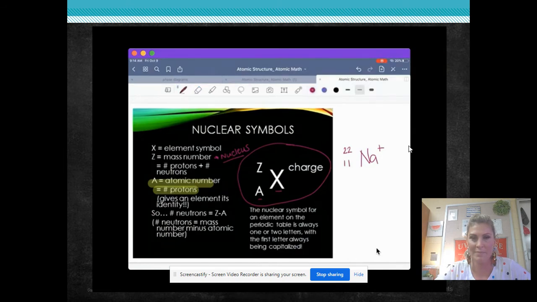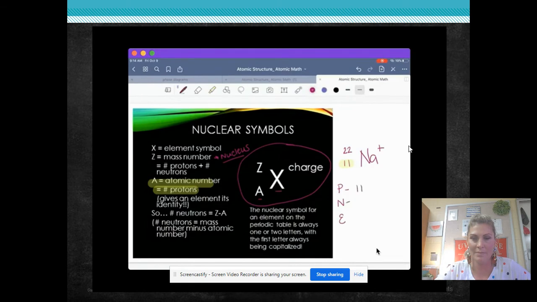All right, so let's look at this. So if I wanted to know how many protons, neutrons, and electrons were in this atom here, first off, the number of protons, well, that's easy because remember that is always the atomic number. So that number always matches the number of protons that you have. So that would be 11.